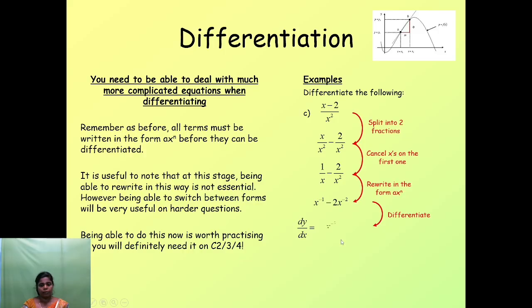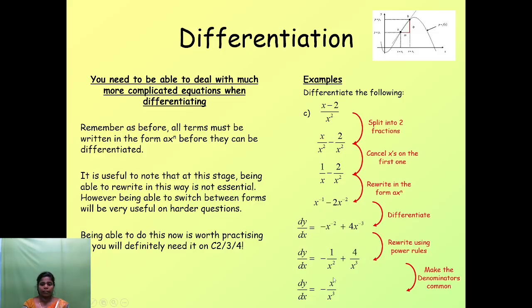Then dy by dx is equal to minus x power minus 2, minus 2 into minus 2, you get plus 4, into x power minus 2 minus 1, which is minus 3. So you get dy by dx is equal to minus 1 divided by x square plus 4 divided by x cube.